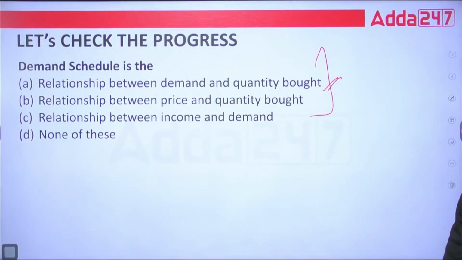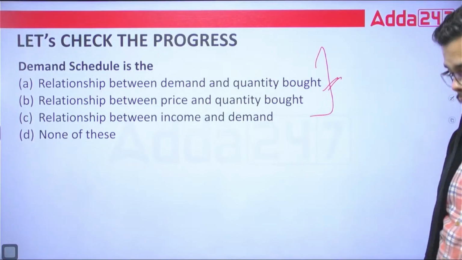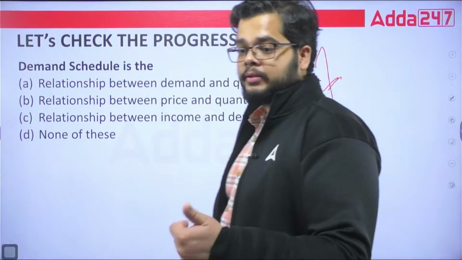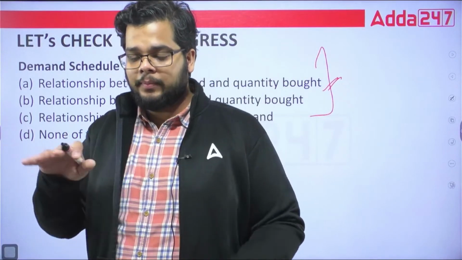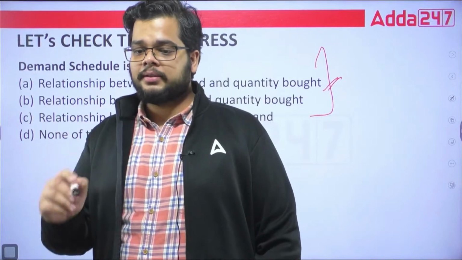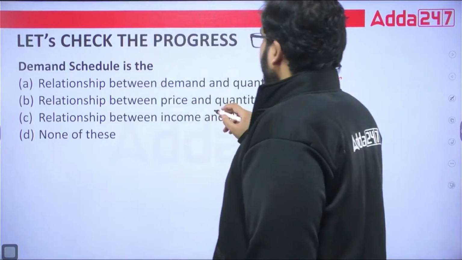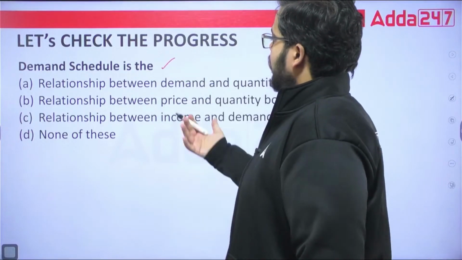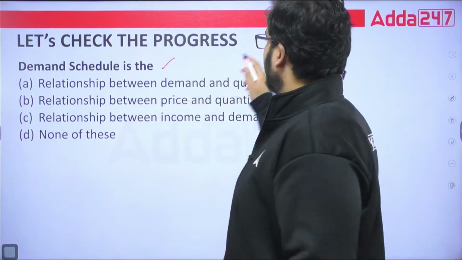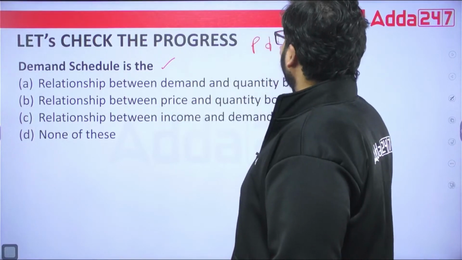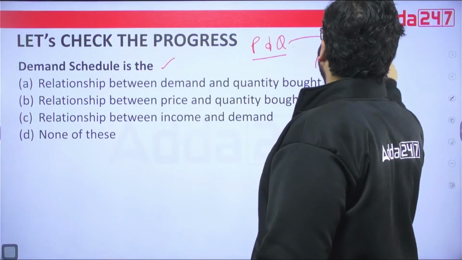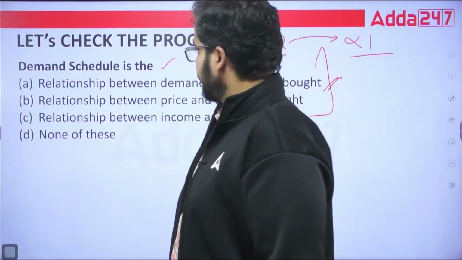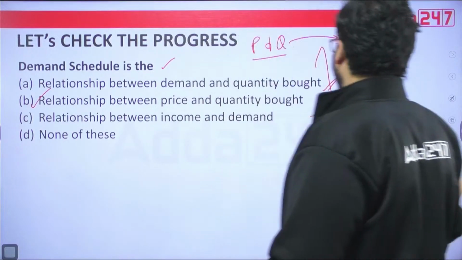But knowing the concept versus having understood the concept is the thin line between positive marks or 0. Here, demand schedule is the simple relationship between the price and the quantity. What kind of relationship is it? It is the inverse relationship. So option B will be the right answer.